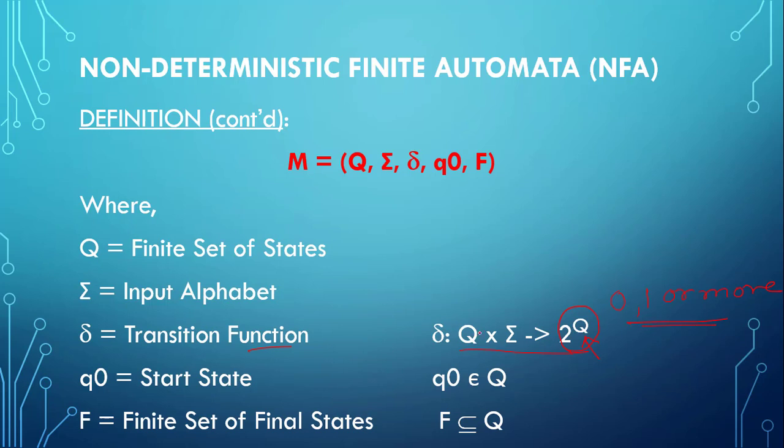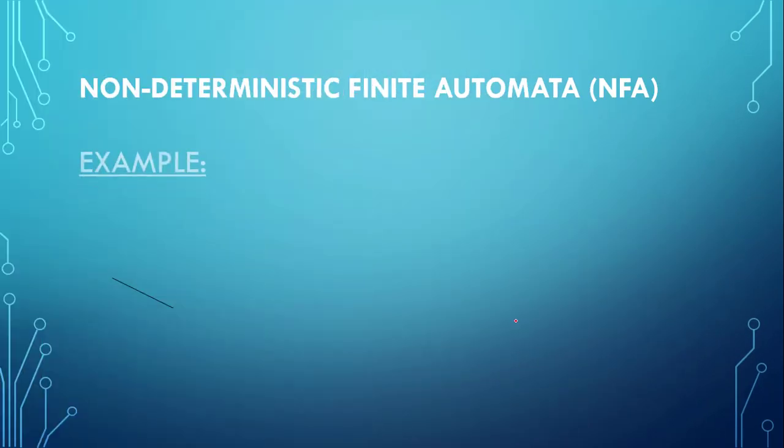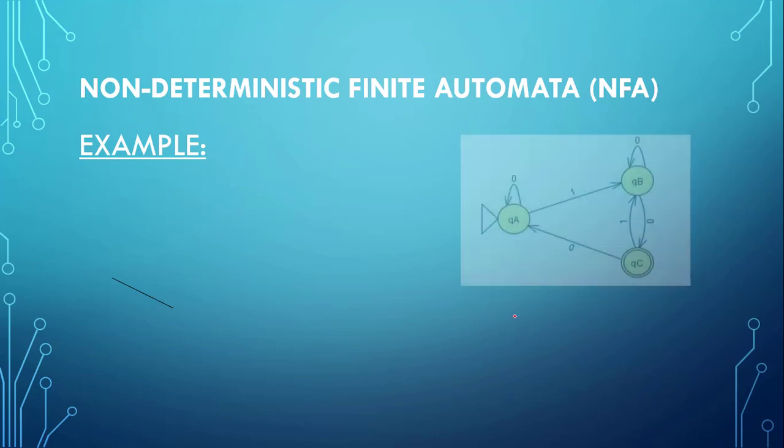So that is why instead of us getting Q cross sigma as Q, we are getting 2 raised to Q. Let us see an example and understand what we mean by 0, 1 or more transitions.